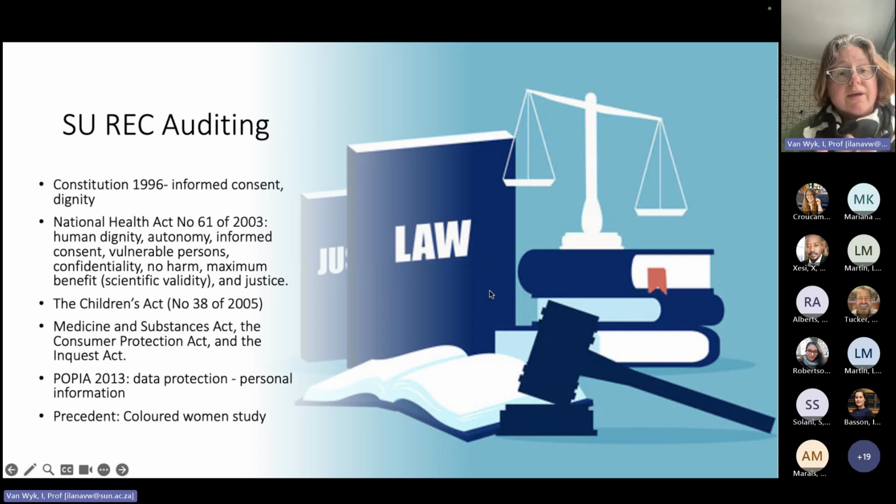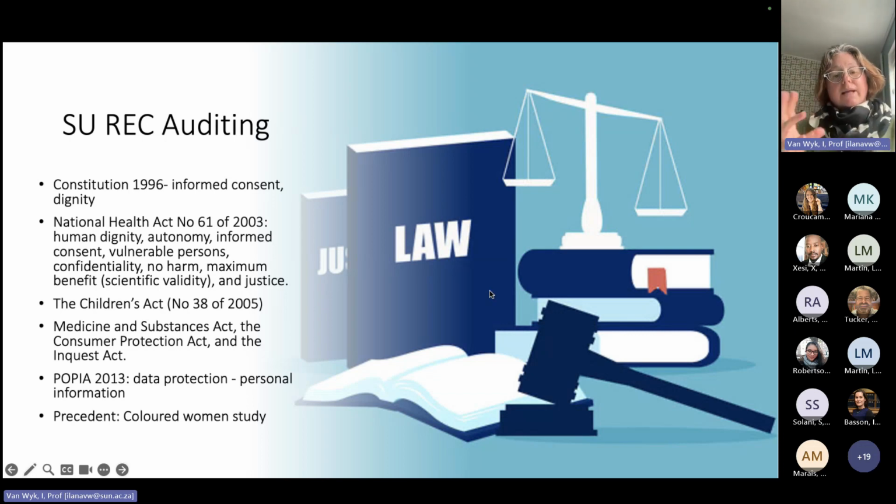Very importantly, the National Health Act, number 61 of 2003, defined very clearly things like human dignity, autonomy, what informed consent meant, what kind of people are vulnerable when we do research and therefore needed more risk mitigation around them, what confidentiality meant, what harms mean, and also made it very clear that all research had to be both scientifically valid and beneficial for the people who participate in our research. It also had to serve the ends of justice.